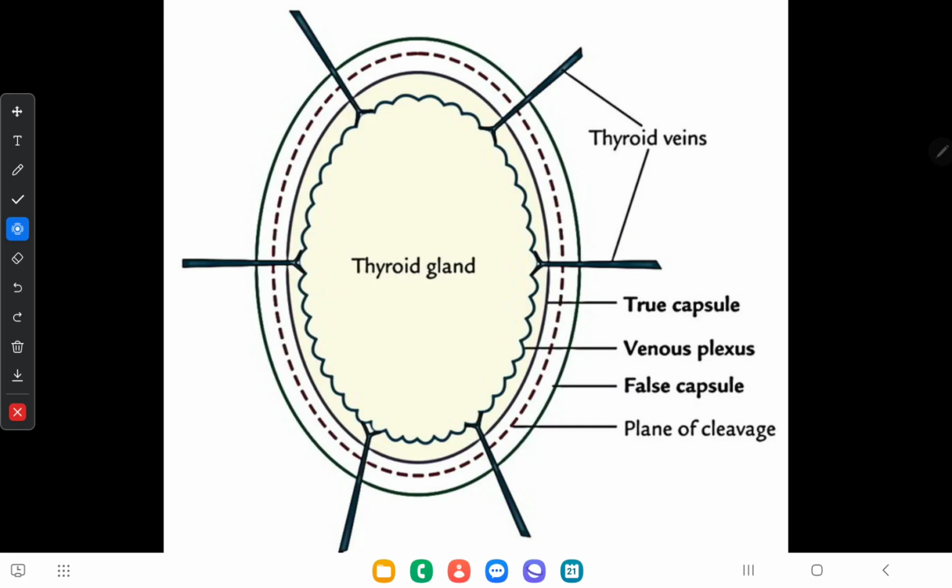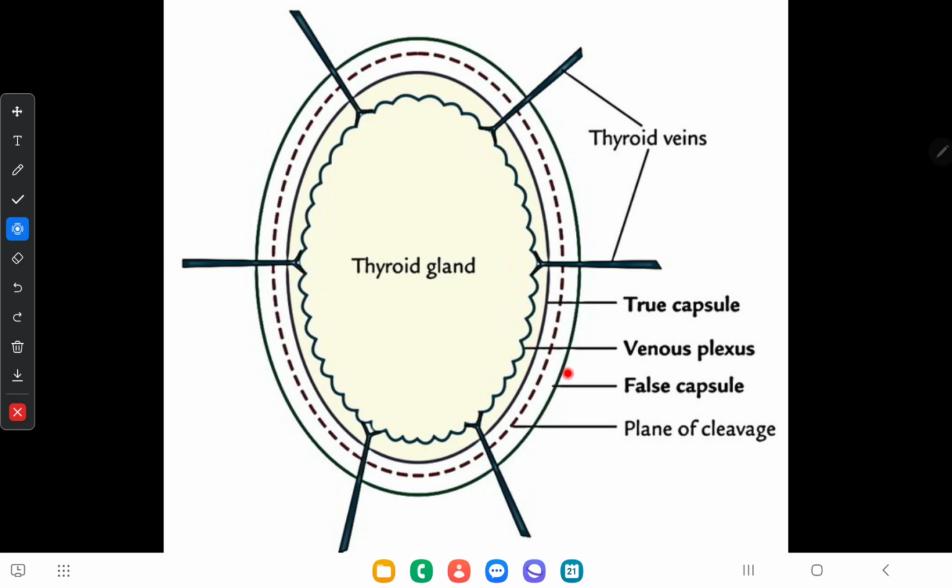Next, we will see the capsules of the thyroid gland. The thyroid gland has a true capsule which is fibrous. This part is the true capsule, so it is fibrous, and there is a false capsule. This one is the false capsule. This one is the true capsule, innermost one. Then this is the false capsule.